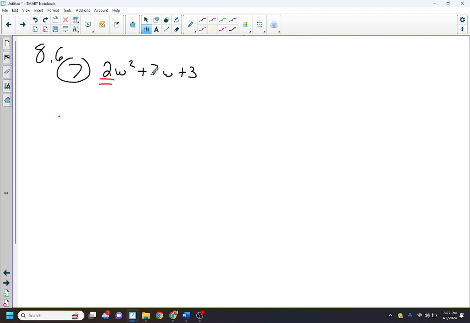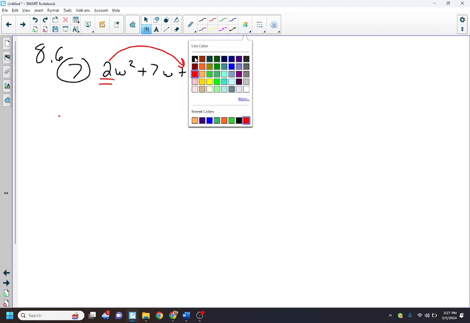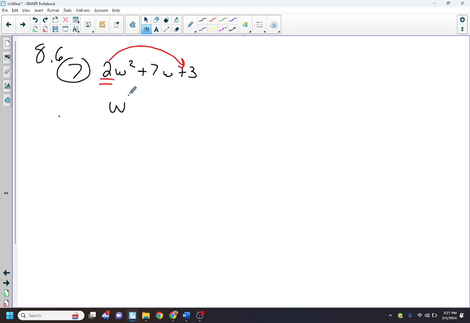So what we're going to do is take the 2 and lend it over to the 3. You're always going to take that first value a and multiply it with the c value. So it's going to become w squared plus 7w plus 6.